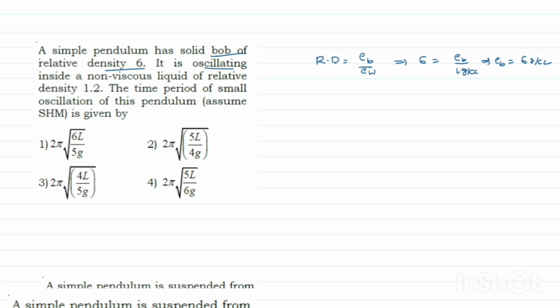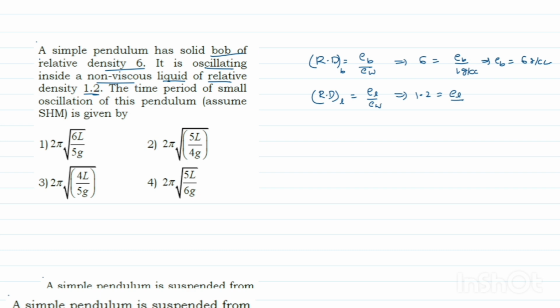Now here it is oscillating inside a non-viscous liquid of relative density 1.2. The relative density of the liquid is given: density of the liquid by density of the water is 1.2.